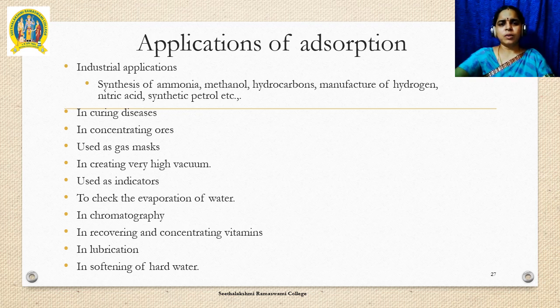Synthesis of ammonia, methanol, hydrocarbons, manufacture of hydrogen, nitric acid, synthetic petrol, sulfuric acid, vegetable oil, etc. As well as in the medicine field, it is applicable in curing disease, especially the drugs or poisons that are adsorbed on the germs to kill them. In concentrating the ores, used as masks, in creating very high vacuum, and also used as indicators.